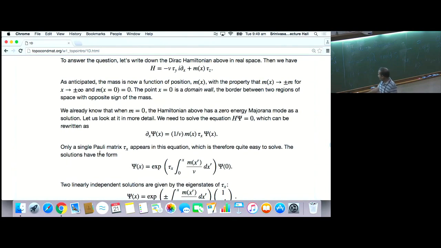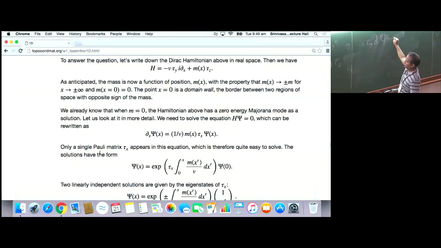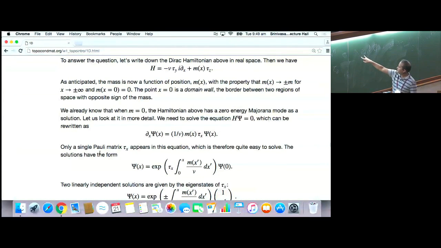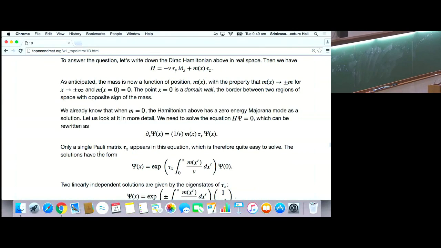So I plug it in, and I get minus i tau y del x psi plus m(x) tau z psi equals 0. I can multiply by tau y on both sides, and I get an equation which is basically del x psi equals m(x) tau x psi.